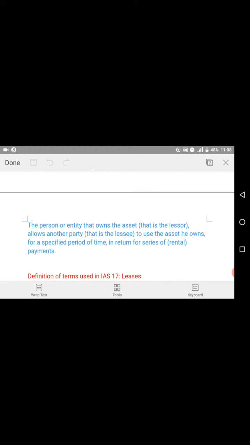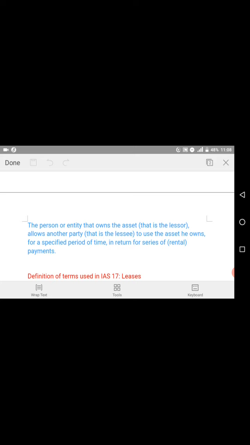The person or entity that owns the asset, that's the lessor, allows another party, that is the lessee, to use the asset he owns for a specific period of time in return for a series of rental payments.